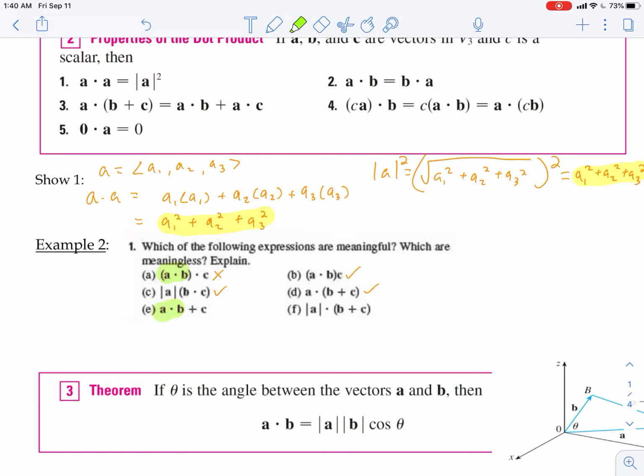Because that will give us a scalar, I cannot add a scalar to a vector. I can only multiply a scalar to a vector. So therefore, E is meaningless. And then F, I have the magnitude of A, which will be a scalar, and I want to do a dot product with B plus C, which is a vector. I cannot do the dot product between a scalar and a vector, so therefore that's meaningless.